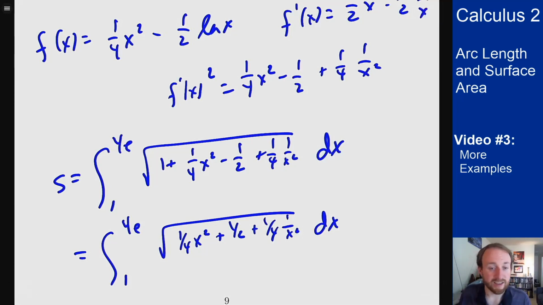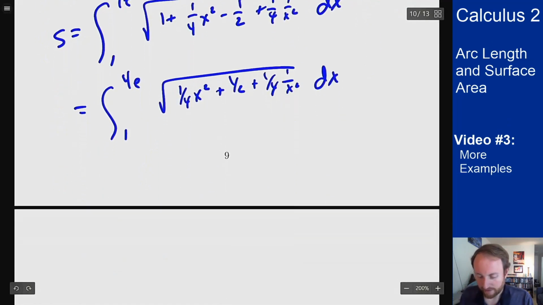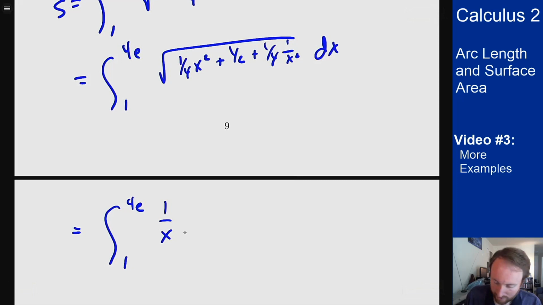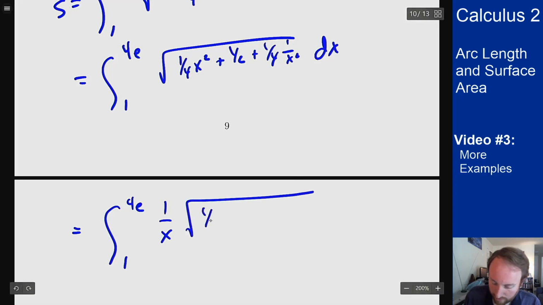Well, there's a couple ways to think about it. The first and easiest one might be to move a 1 over x squared out of the square root. So if I do that, I get the integral from 1 to 4e of a 1 over x outside the square root, since x squared inside is an x outside, of the square root of now a 1/4 x to the 4th plus a 1/2 x squared plus a 1/4.